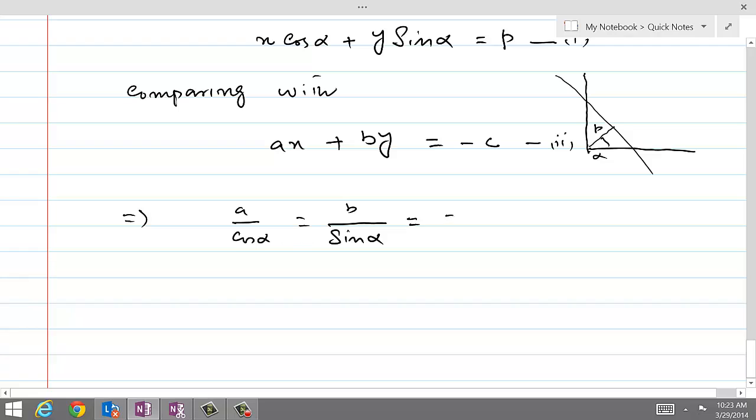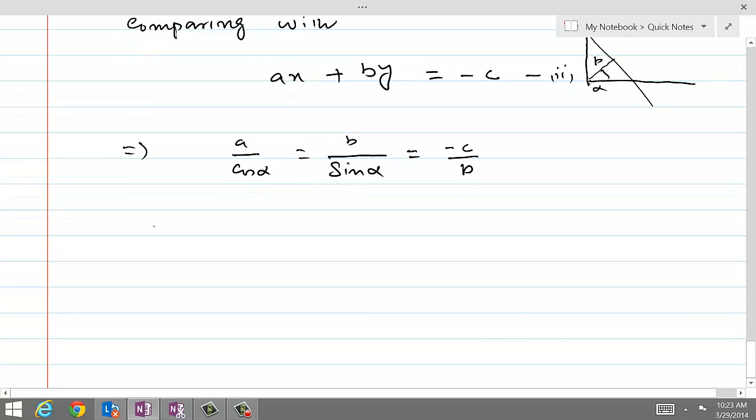This would be minus c over p, or the inverse ratios would be same as well. This means minus c over p is equal to a over cos alpha. A over cos alpha is equal to b over sine alpha.